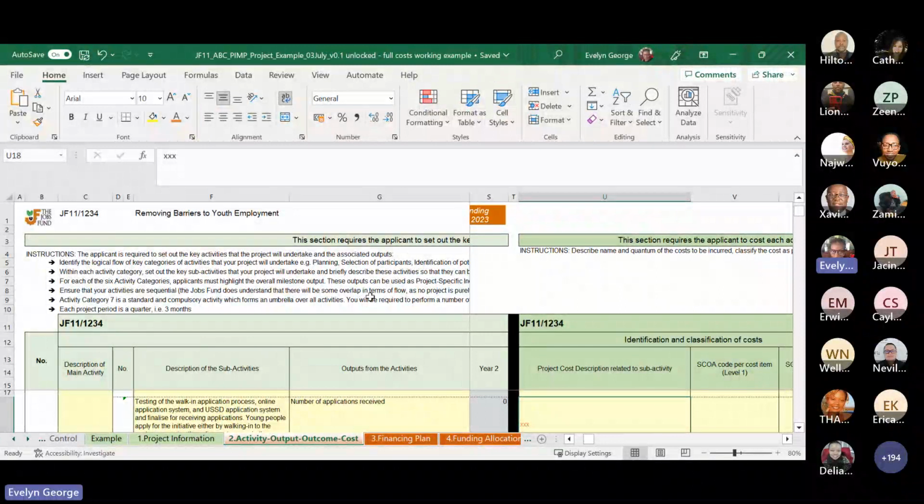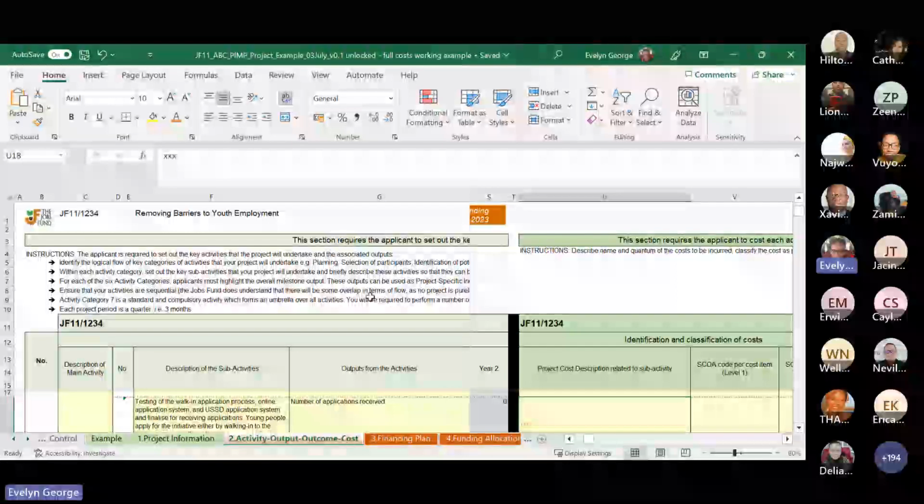In the example, we talk about them developing this online application system.